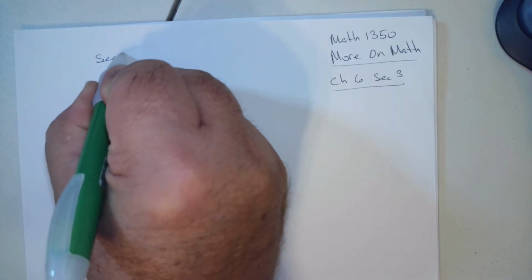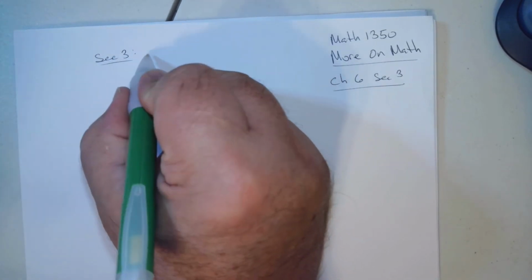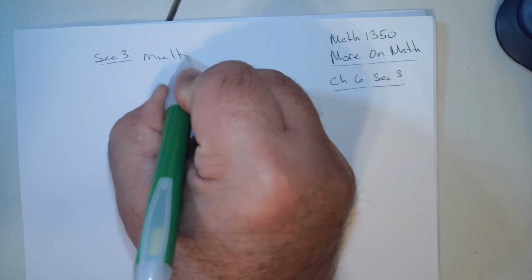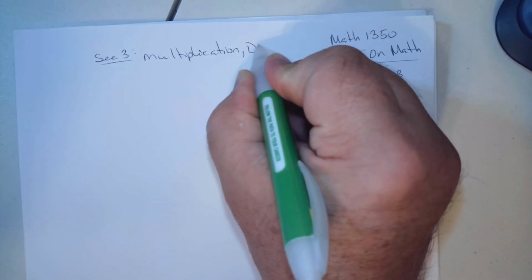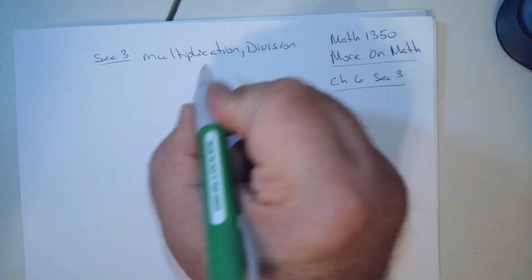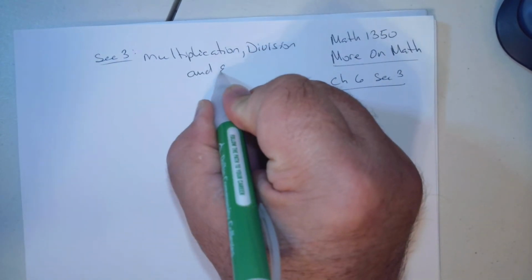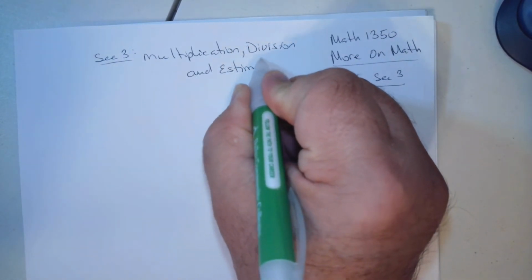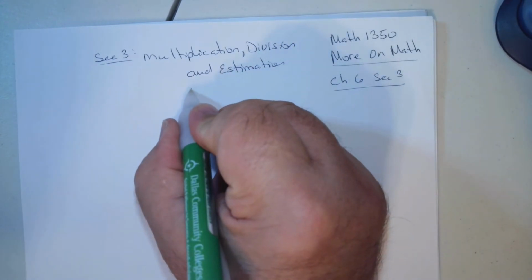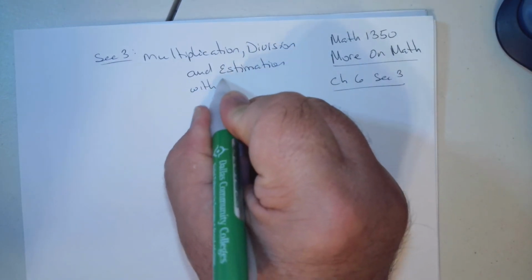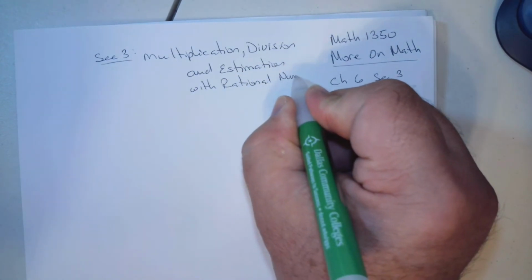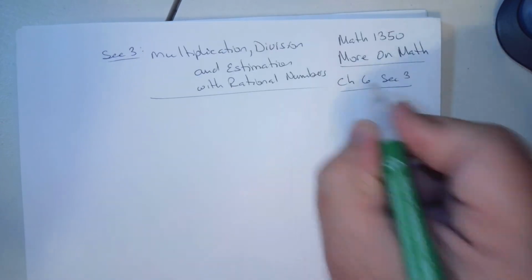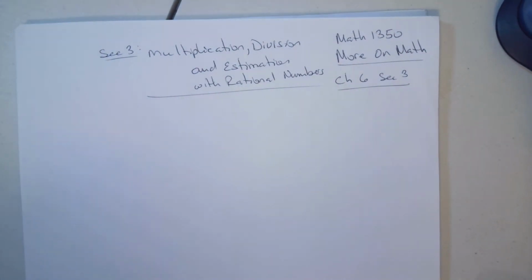Section 3 deals with multiplication, division, and estimation with rational numbers. So we're going to talk about multiplying, dividing, and estimating fractions.